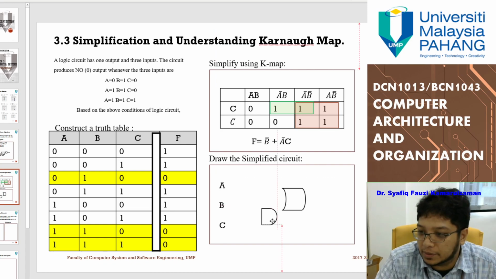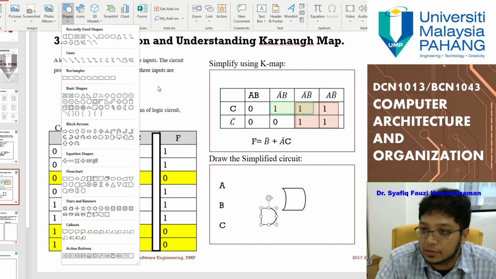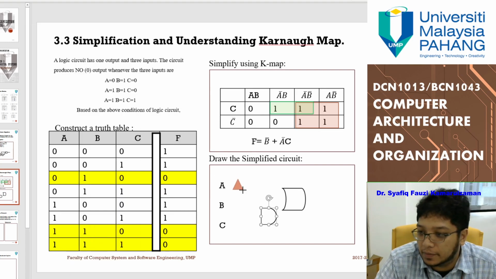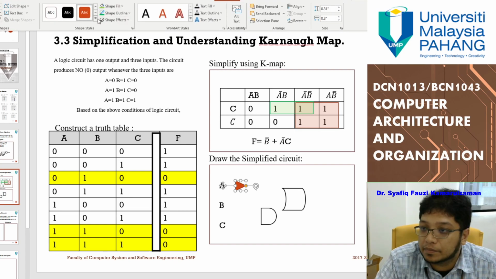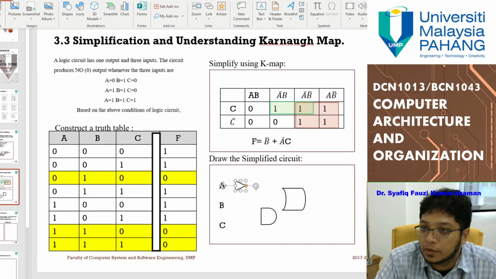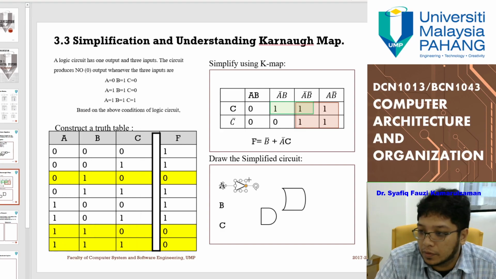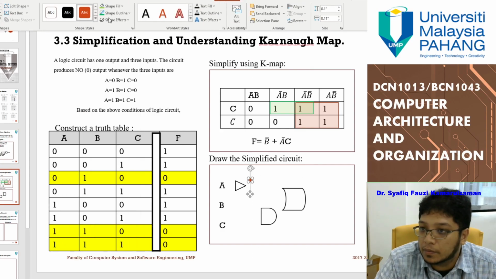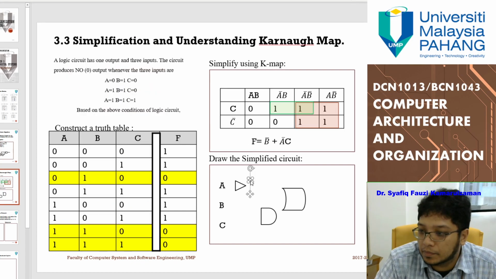So you need to do the multiply first. In this case, you need to change A into a not first. And then you need to change B into a not as well.